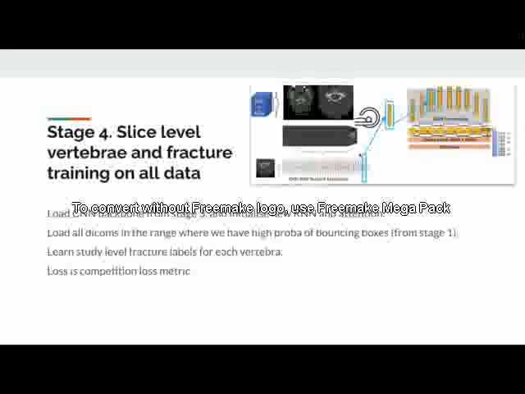We don't take random crops out here, we just take the whole study where we have vertebrae. So you remember earlier we talked about the bounding boxes. We're able to say, okay, this is where the vertebrae bounding boxes start, this is where they end. So we take that portion of it, we pass in here, extract the gap layer and pass it through, and learn those study level labels.